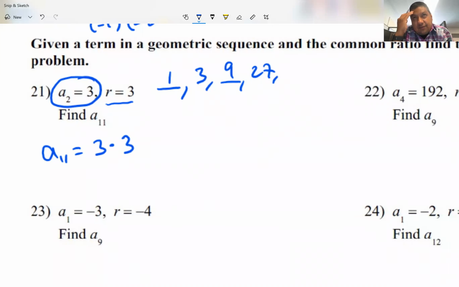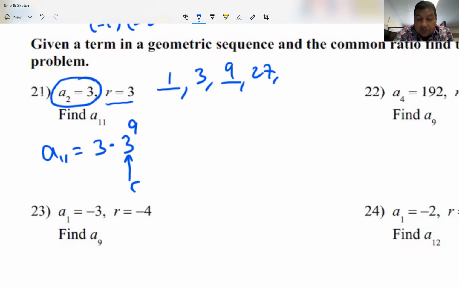So I start thinking, all right, from 2 to 11, I need 9 more times. Let me emphasize this 3, that's the ratio. So the number that I give you times the ratio and how many more times you need to multiply it, right? If you're starting from the second number, you need 9 more times. Just think about it. From 2 to 11, how many more numbers do I need to get? 9. Easily just subtract 11 minus 2.